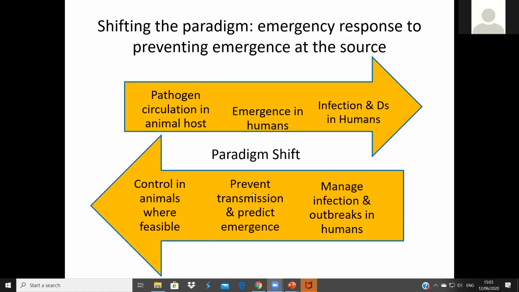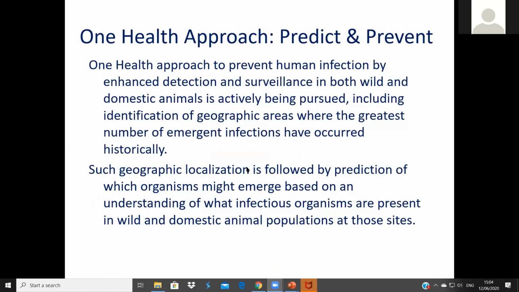Say, we had MERS, we had SARS, and SARS probably led to SARS coronavirus 2. Now, I don't know if we could have predicted it beforehand and prevented it, but then it has happened. So how does this One Health approach work? We have to predict and prevent the disease.